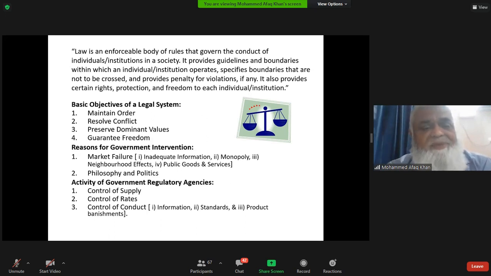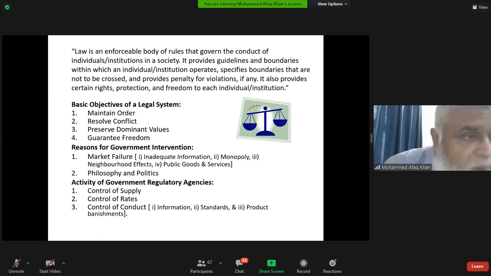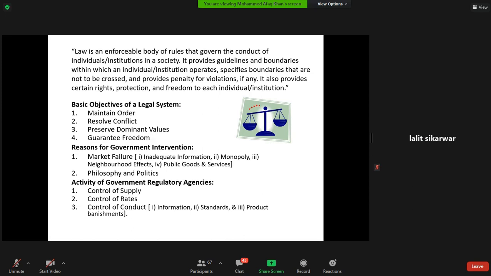The next is preserve dominant values. Any idea about what are dominant values? Environment friendly.